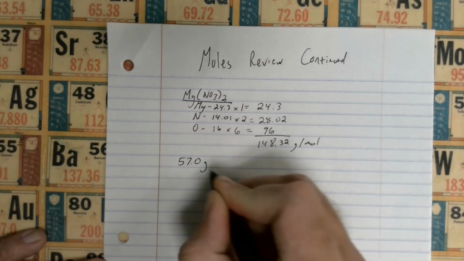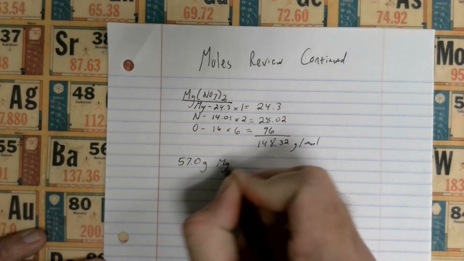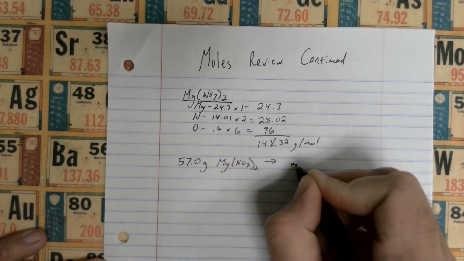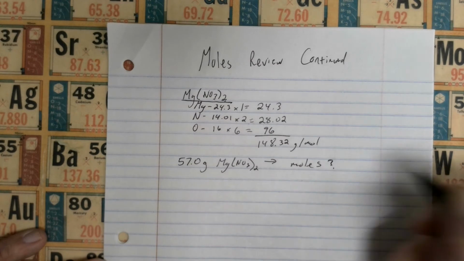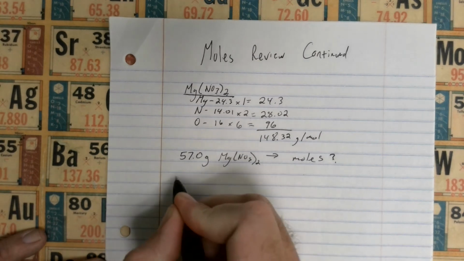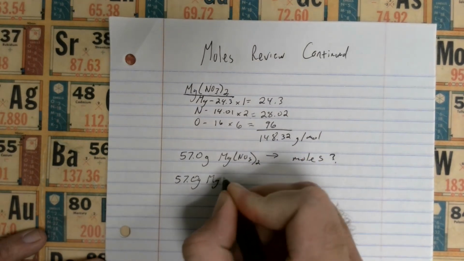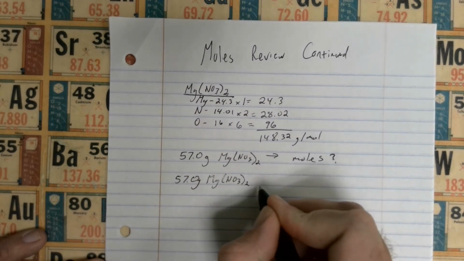So now what do we do if we're given a problem like, I have a 57.0 gram sample of magnesium nitrate. How many moles do I have? So from there we set up a dimensional analysis problem, and we're going to start with what's given. Always start with what's given, and then we do our conversion.